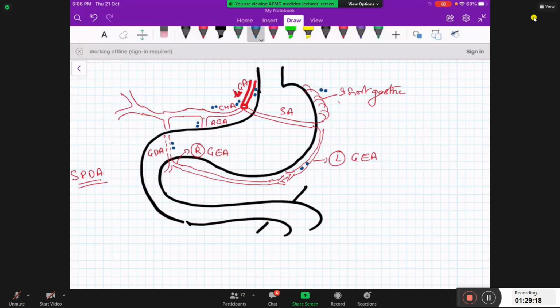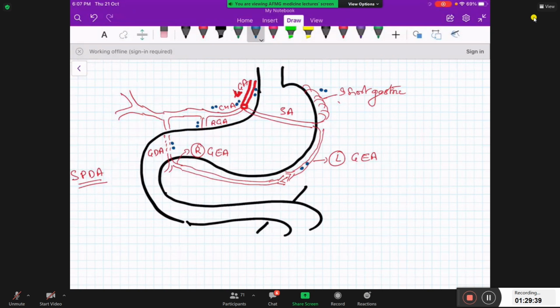Like the way it was there in breast, there was an anatomical arrangement and then there was a surgical distribution also. What was that surgical distribution? Level 1, level 2 and level 3. In breast, it was level 1, level 2 and level 3.